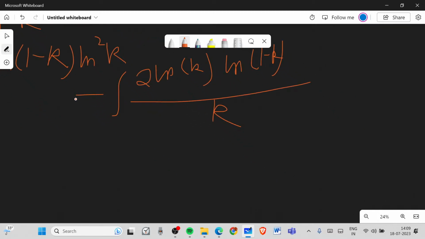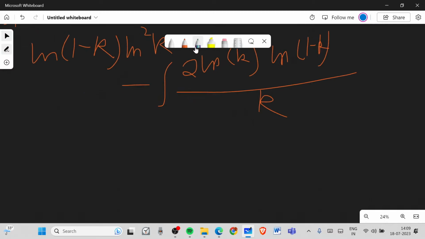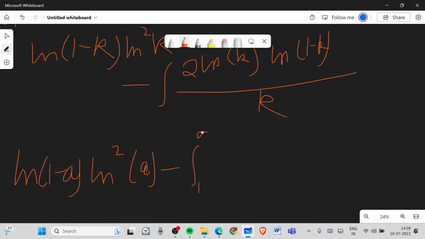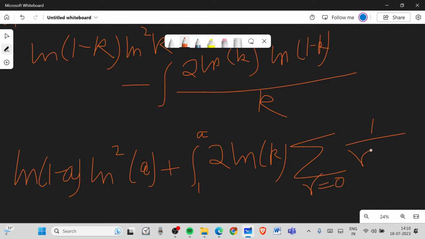Right, and basically it's from 1 to a. Putting a here, ln 1 minus a ln square a, minus integral 1 to a, minus would get plus due to its series, 2 ln k, sigma r from 0 to infinity, 1 by r plus 1, k to the power r.